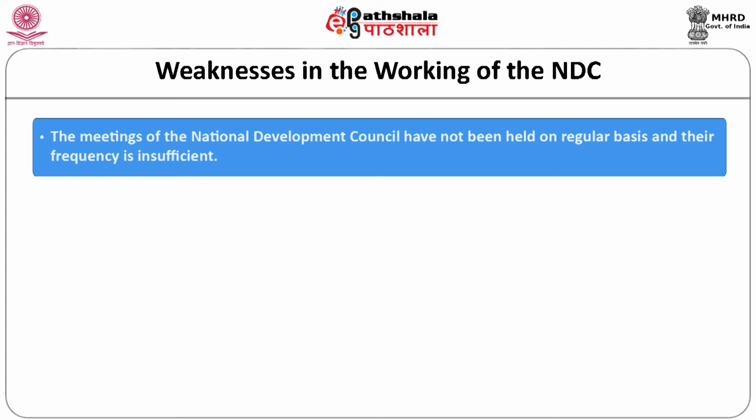The meeting of National Development Council have not been held on the regular basis, and their frequency is insufficient. So far, 57 meetings of the Council have taken place. The last one was held on 27 December 2012 to consider the draft 12th five-year plan.